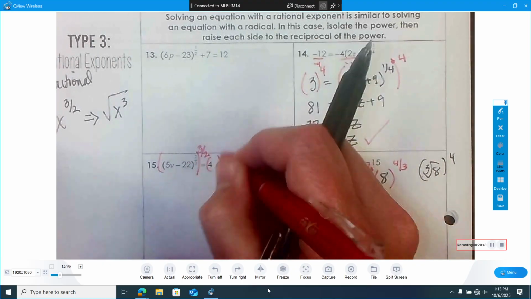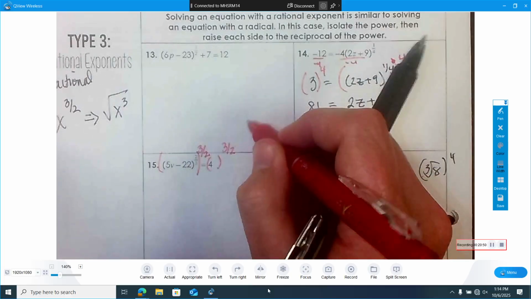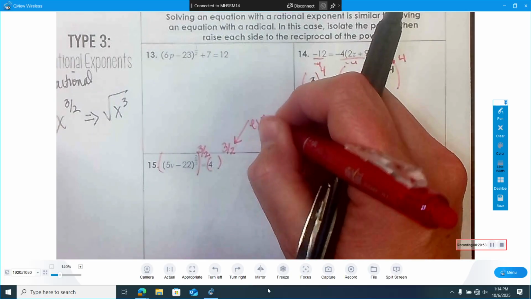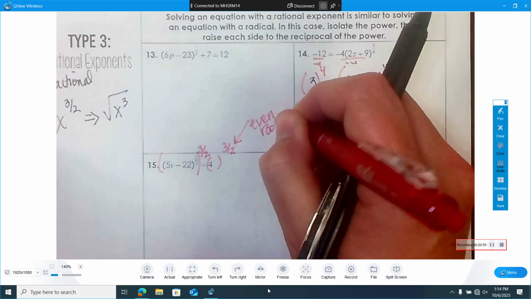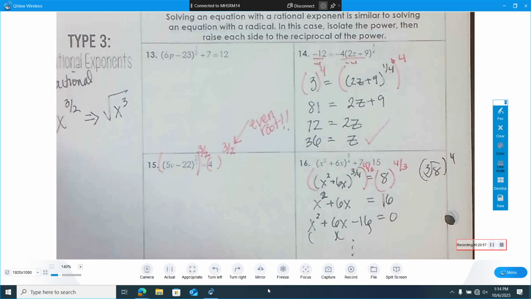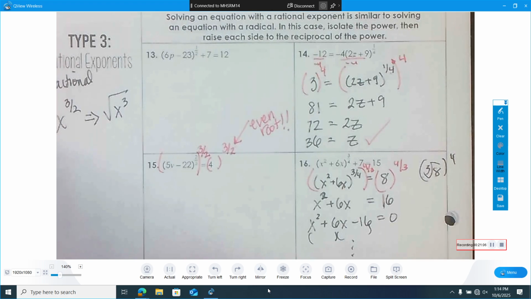Reciprocal, yeah. So here is the really tricky part. This is an even root we are taking. It's like when we have x squared and we have to take a square root of both sides. What do we have to remember when we take an even root? You have two answers, a plus or minus, okay?